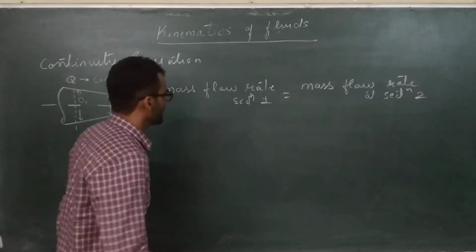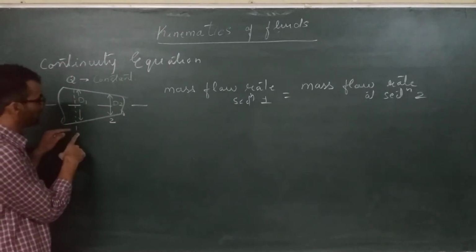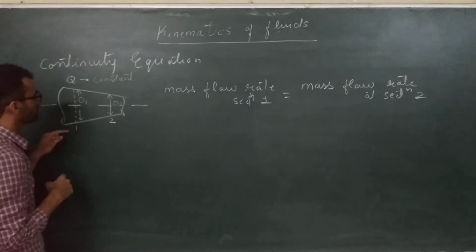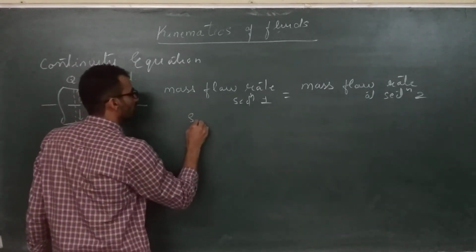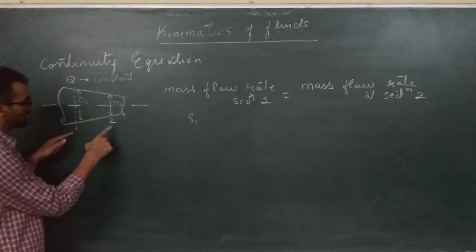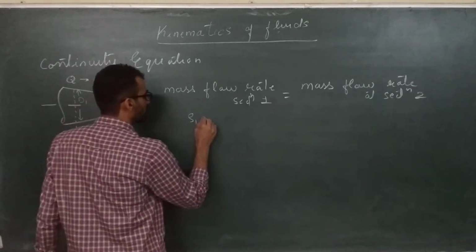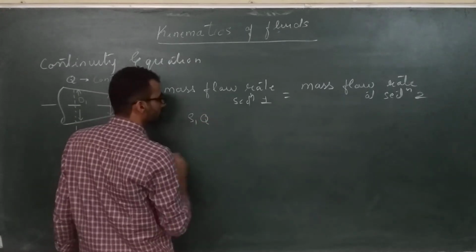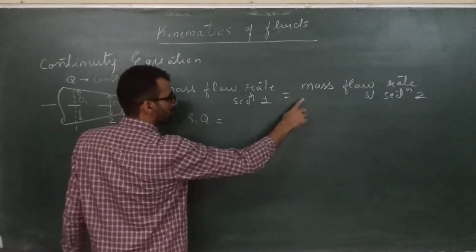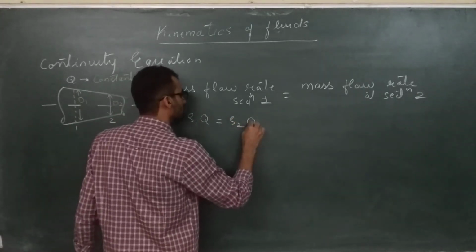Okay, so what is the mass flow rate at section 1? We saw earlier what is the mass flow rate, rho into Q. So here Q is constant, so it will be rho 1. Let us say rho 1 is the mass density at this location and rho 2 is the mass density at location number 2. So it will be rho 1 Q is equal to mass flow rate at section 2 would be rho 2 into Q.